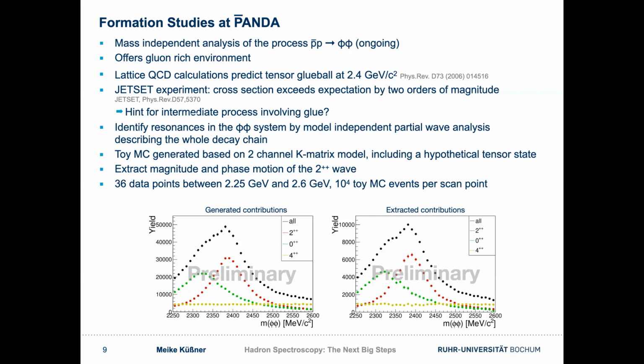The magnitude and phase motion of the 2++ wave were extracted using 36 data points between 2.25 GeV and 2.6 GeV with 10,000 events at each point. Here you see that it is very powerful in extracting the generated contributions. This is already a very nice result, showing that one can also do such spectroscopy-like studies.